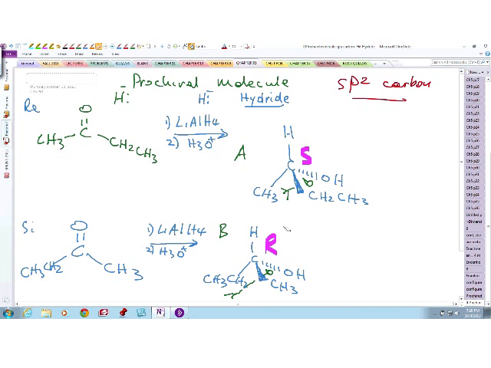Anytime you get a reaction in which you now have a mixture, there is no reason to believe that the hydride will come here any faster than here, right? So you are going to get equal amounts of both enantiomers. Okay?